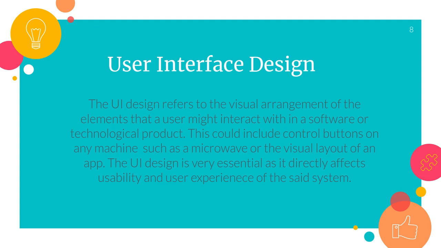So with UI design, you are anticipating, you are kind of predicting what the user might expect, and then what the user might do. So you test, for instance, as the user. You yourself are actually the user.